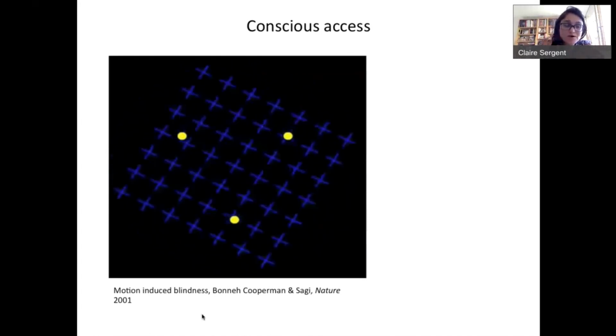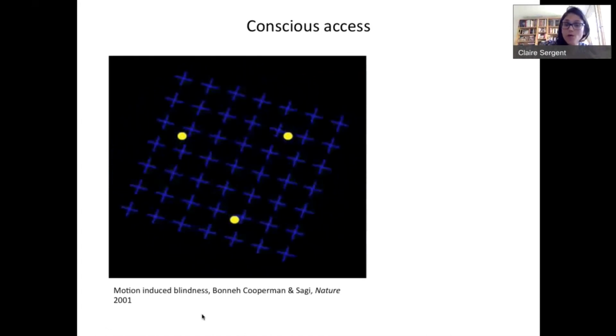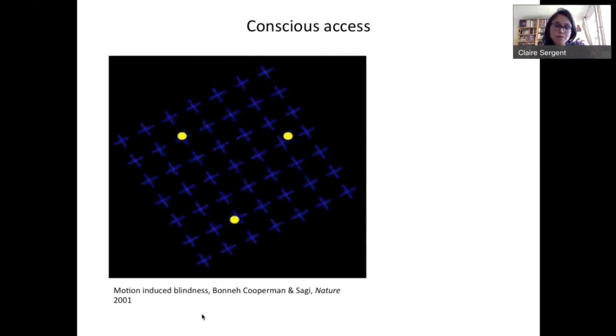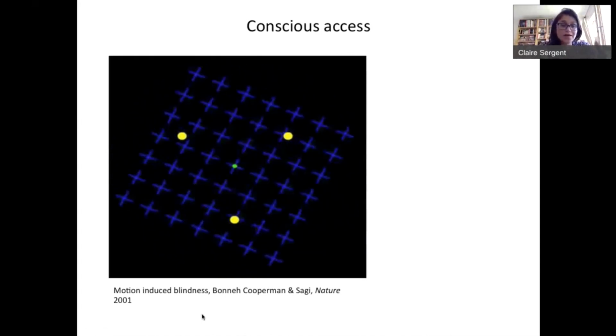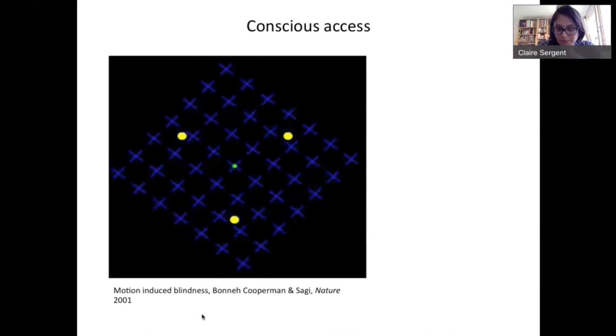And so one of the big questions in consciousness studies is to understand what's the difference in your brain when you're processing the same information consciously, you have conscious access to this information, or not consciously.